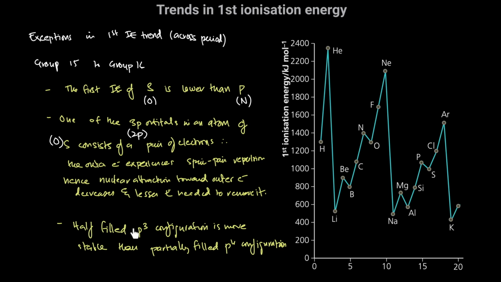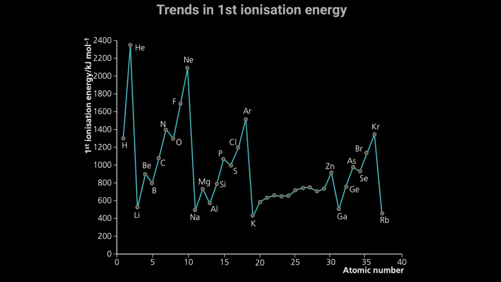So again, the half-filled p3 configurations in nitrogen and phosphorus atoms are more stable than the next element in the periodic table for each of these respectively, which are oxygen and sulfur.